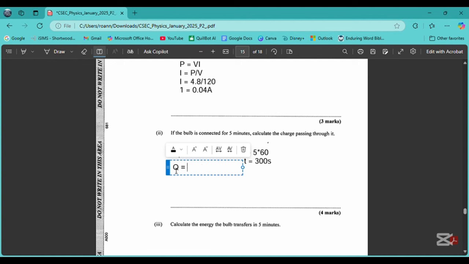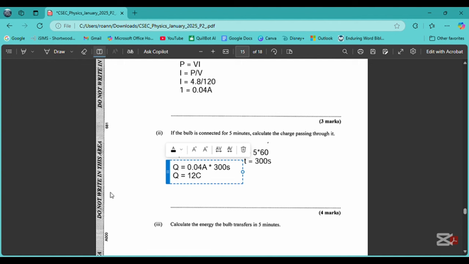So Q is equal to 0.04, that is current from question I, multiplied by the 300 seconds. Therefore, Q is equal to 12 coulombs.